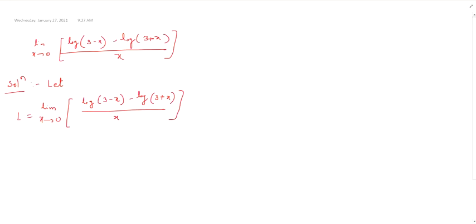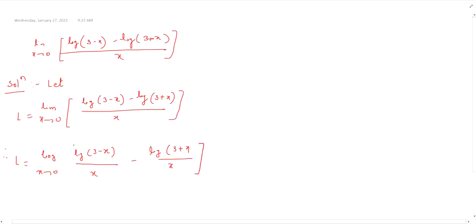Now this term, log of 3 minus x and minus log of 3 plus x, can be adjusted as: L is equal to limit x tends to 0 of log of (3 minus x) upon x minus log of (3 plus x) upon x.